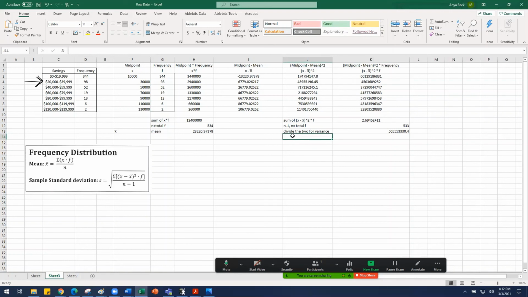And then the last step to get the sample standard deviation, we take the square root of the variance.